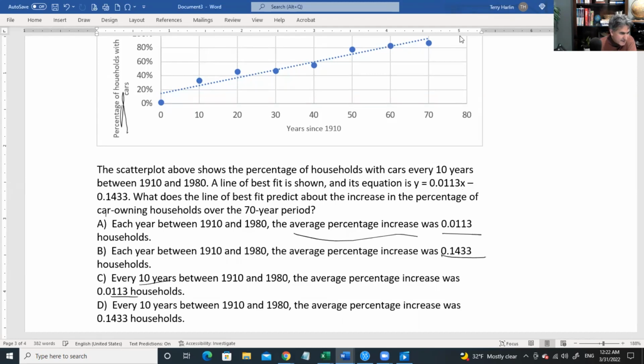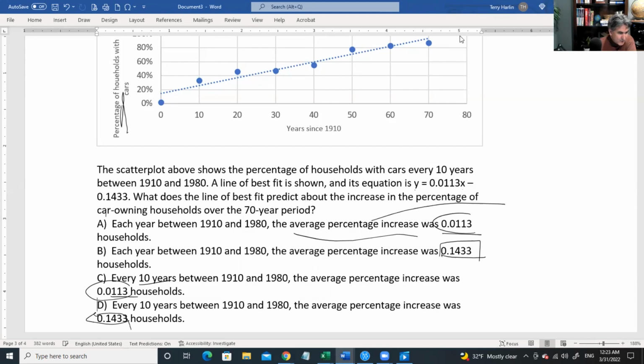This says every 10 years, and then the amount's the same as this amount. So this is saying the average percent increase. What is the average percent increase? What kind of number is that?